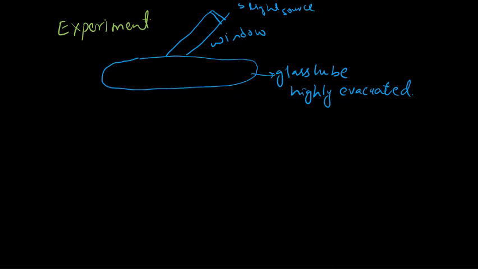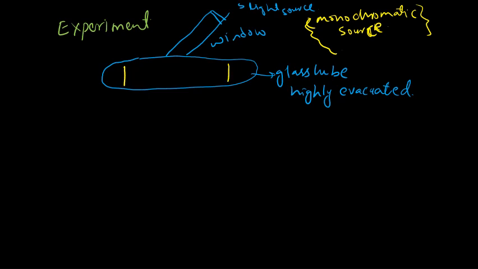The light source is always a monochromatic light source, meaning light which contains only a single wavelength. Such a monochromatic light source is used to shine light on the metallic plates.